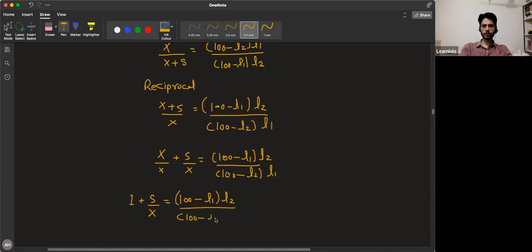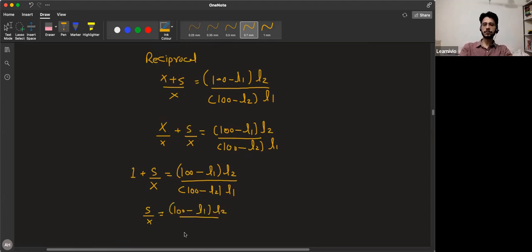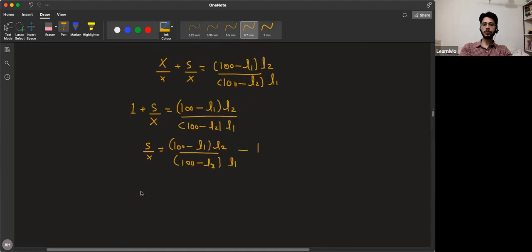You can take the 1 to the right hand side. So this is s by x, it's 100 minus L1 into L2 over L1 into 100 minus L2, minus 1. See, the calculations are lengthy, but yeah. You can take the LCM.